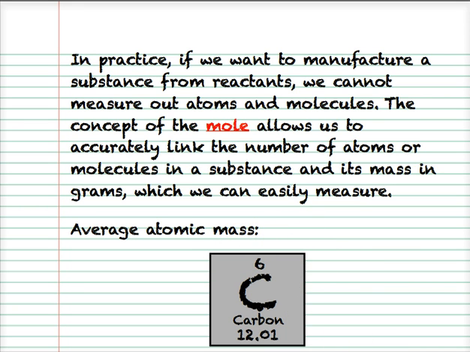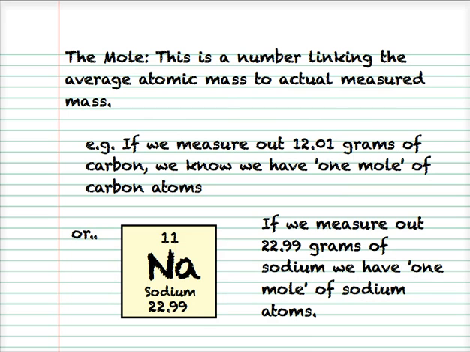We can see carbon, symbol C, element number 6 or 6 protons, has an average atomic mass of 12.01. The concept of the mole links this number to the actual measured mass. For example, if we measure out 12.01 grams of carbon, we know that we've got 1 mole of carbon atoms.